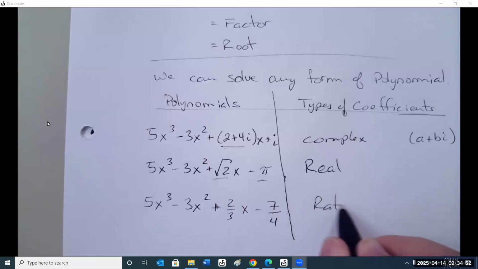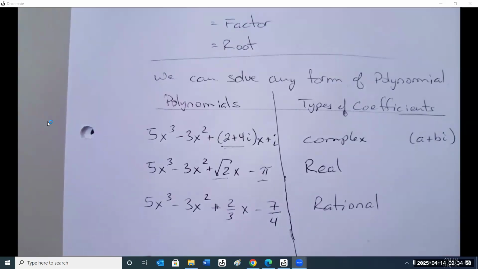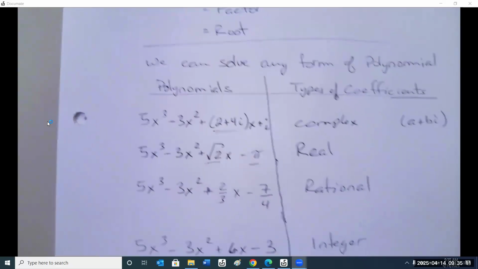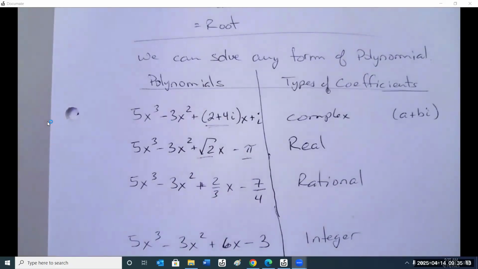It can have a rational coefficient. So our polynomials could look like any one of these, and we will be able to solve them.